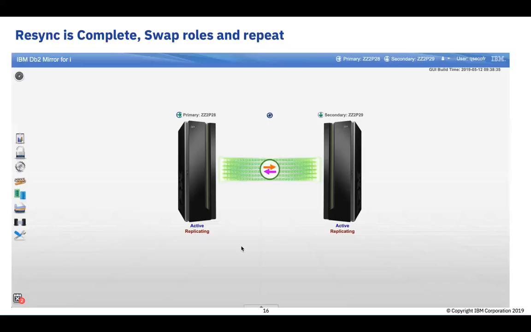On the OS upgrade, could you do one node at a time, or must you do both nodes at the same time? Our intention is that you can do one at a time. Since we're just going out, we'll see how this goes. But the design is, let's say a TR comes out in the near future. You upgrade one of the nodes to that new TR level, and then you can resync, and you can be in active mirroring on different TR levels between the two nodes.